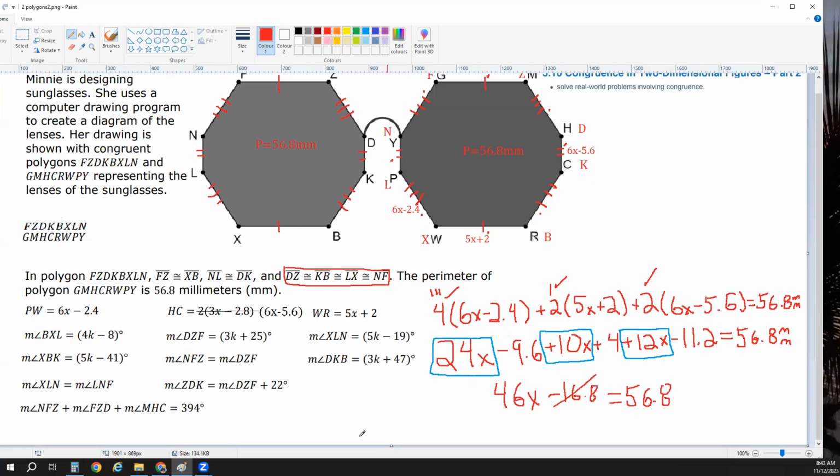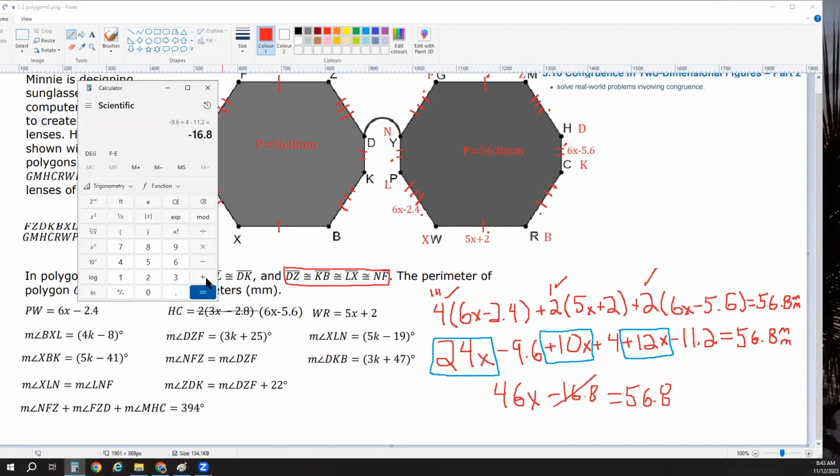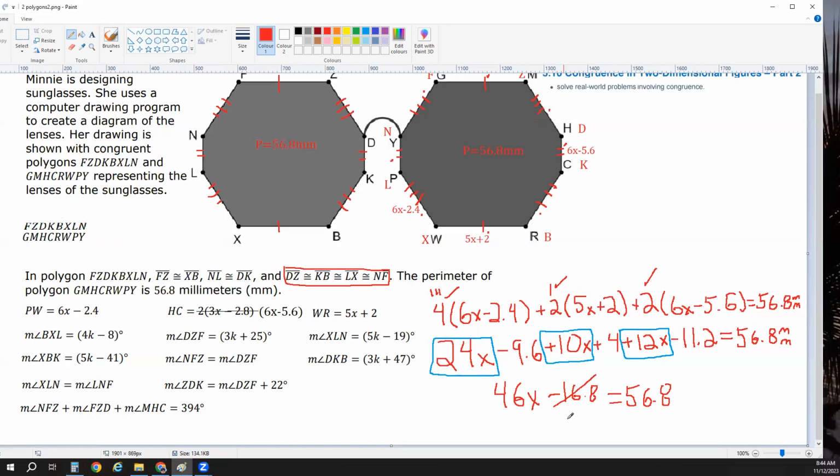All right, so 56.8 plus 16.8 is 73.6. So 46x equals 73.6.